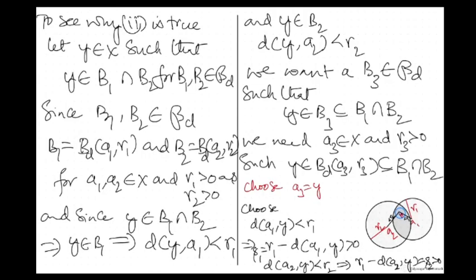So choose r3 to be the minimum, the smaller of s1 and s2. Why should you do that?